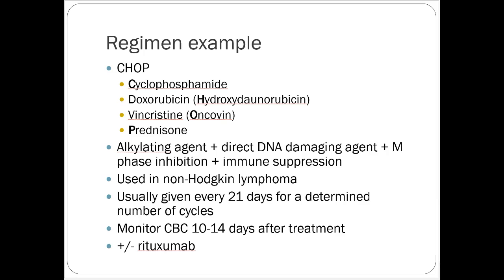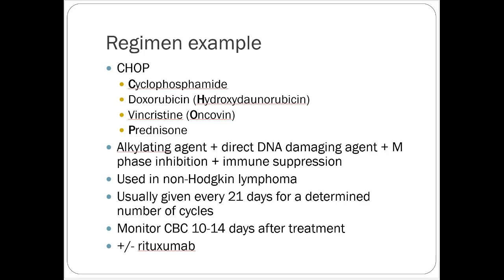People can remember CHOP. So what is CHOP? CHOP is cyclophosphamide, which is an alkylating agent, plus you have your doxo, which is a direct DNA damaging agent. Alkylating agents are directly DNA damaging too, but you have two different mechanisms going on to damage DNA. You have M phase inhibition via vincristine, and you have immune suppression via prednisone. This is a therapy that's used in non-Hodgkin lymphoma.